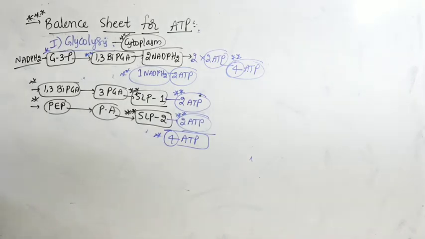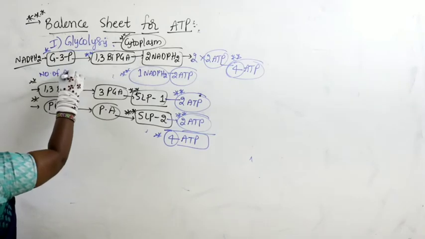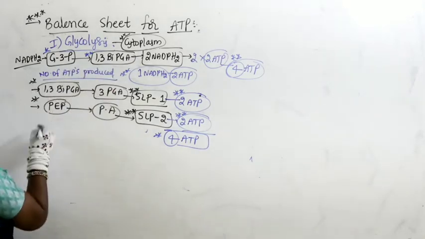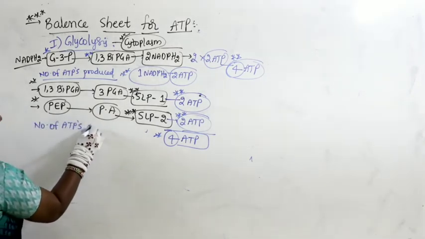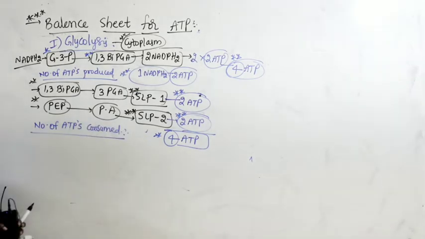Now these are all nothing but the number of ATPs produced. Right, number of ATPs produced. Now number of ATPs consumed. How many and where? In glycolysis, right?